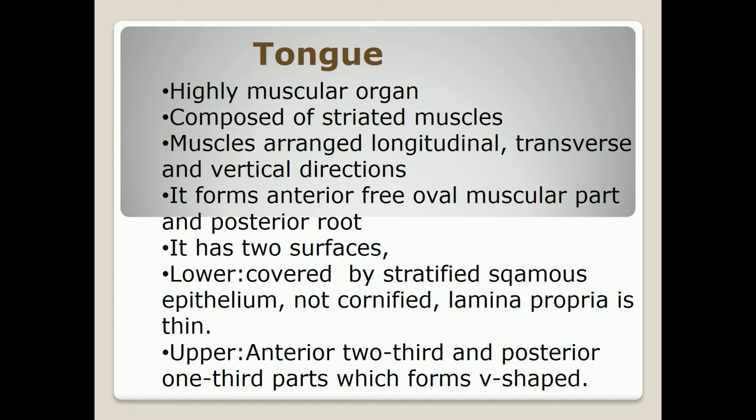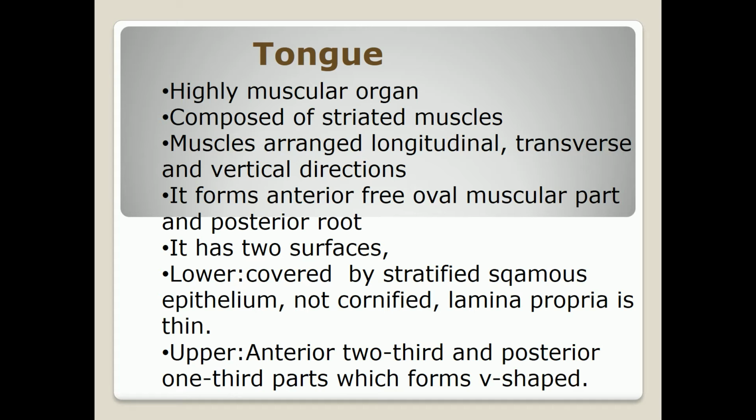There are two major groups of muscles of the tongue: the four intrinsic muscles, which alter the shape of the tongue and are not attached to bone, and the four paired extrinsic muscles, which change the position of the tongue and are attached to bone.